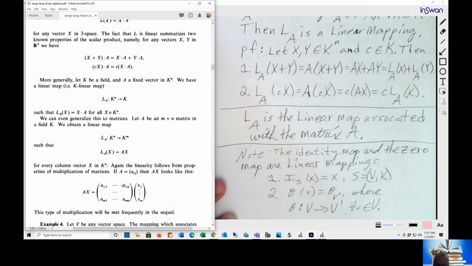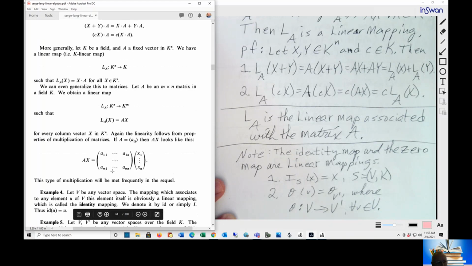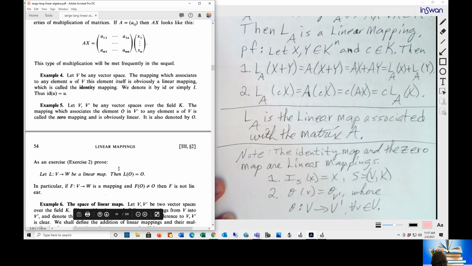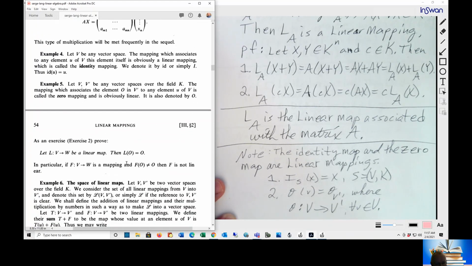So, the identity map I_V, I(x) equals x, where V is the vector space, and the zero mapping that maps every vector v in V to the zero vector of V', are certainly linear mappings trivially, as you can show. I'll let you do that. There it is, example 4 and example 5.